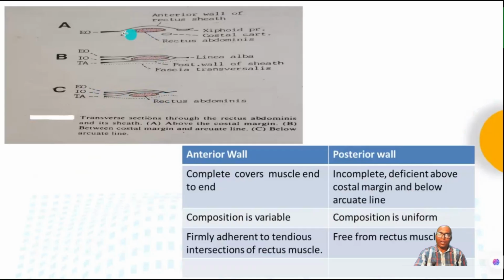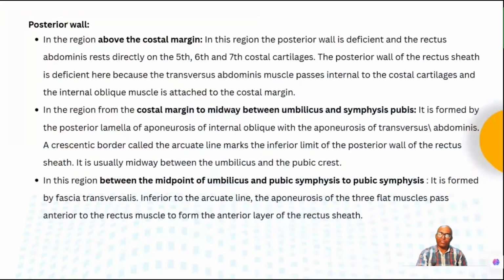Okay, and here it is thin above the costal margin, while it is deficient posteriorly. So above the costal margin, the posterior wall is deficient. Below the arcuate line, it is deficient too. It is directly lying on the fascia transversalis. Only in the middle, this transversus abdominis gets split into two. Okay, so they can ask you this formation in one of the SBAs.